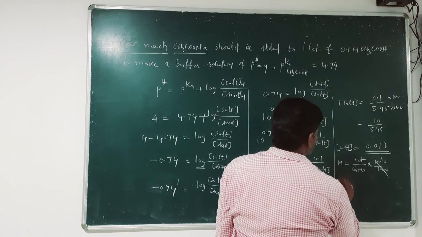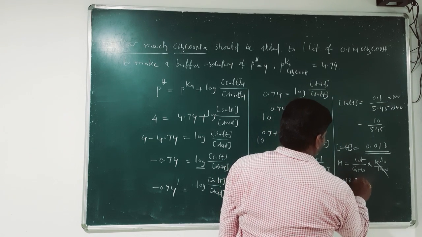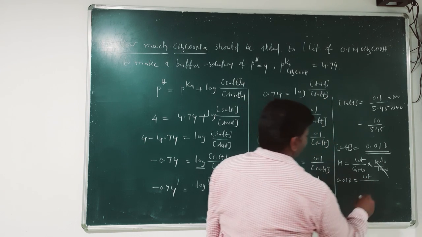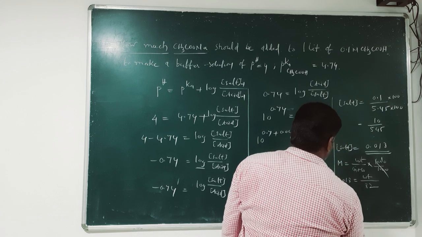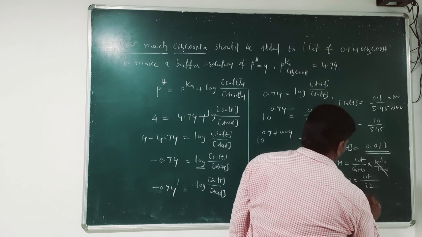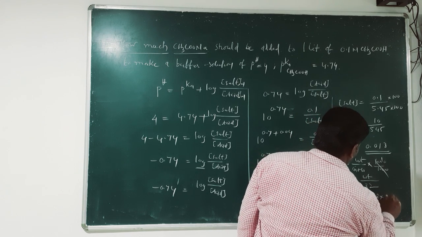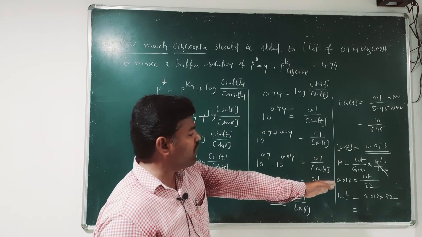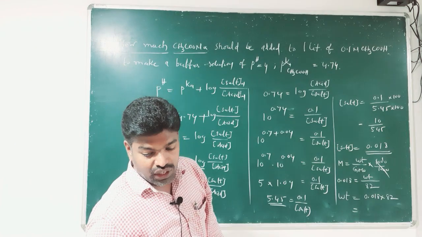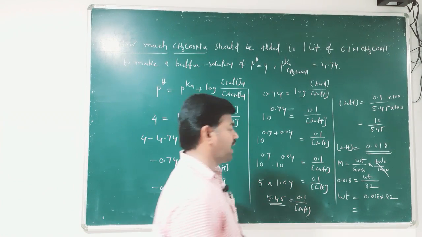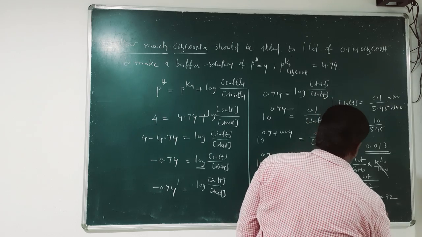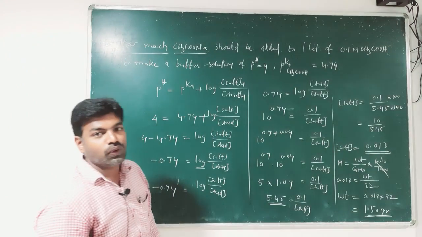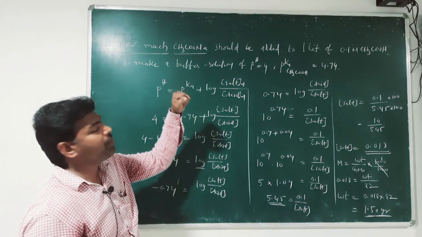Molarity is 0.018, and the gram molecular weight of sodium acetate is 82. So weight of sodium acetate is 0.018 into 82, which gives 1.50 grams. In this way we can calculate the weight of sodium acetate added.